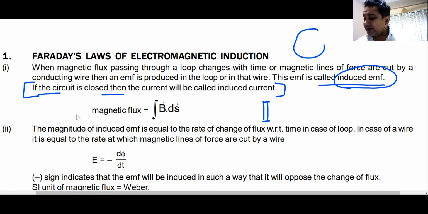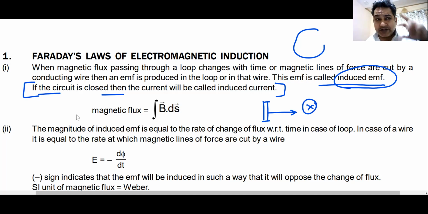In motional EMF, I have a conductor which is moving inside the magnetic field. Now this conductor starts to behave like a battery because of induced EMF in that conductor. But current can only flow when there is a closed circuit, and therefore Faraday's law of electromagnetic induction does not state current, it only states induced EMF.